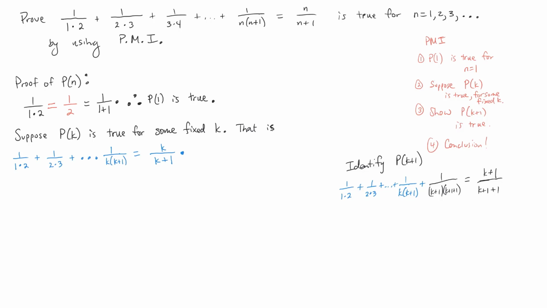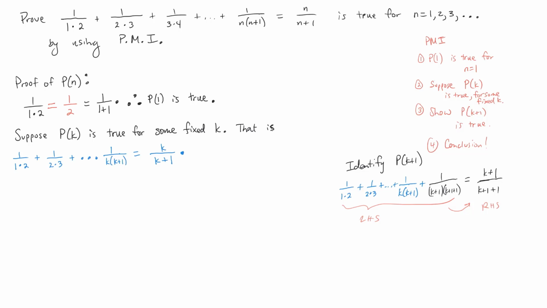Now, how do you prove this? What is the left-hand side now? This is the left-hand side. You're trying to show the work to get to the right-hand side. You must write the left-hand side exactly once in your proof. So here we go.